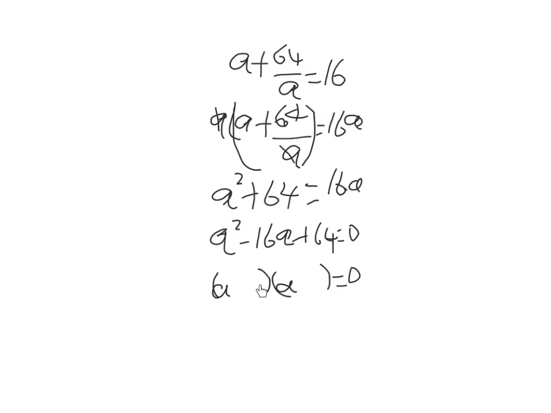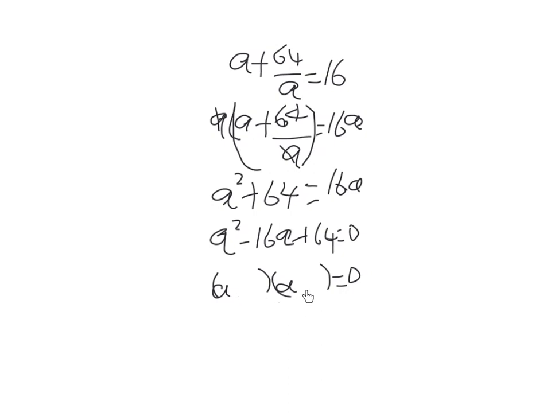So the numbers here and here, when you multiply them, they must give you 64. When you add them, they must give you negative 16. So what are the factors of 64? The factors of 64 are negative 8 and negative 8.